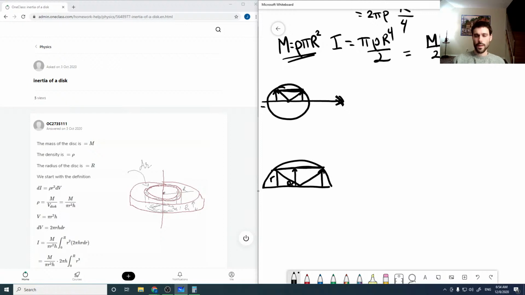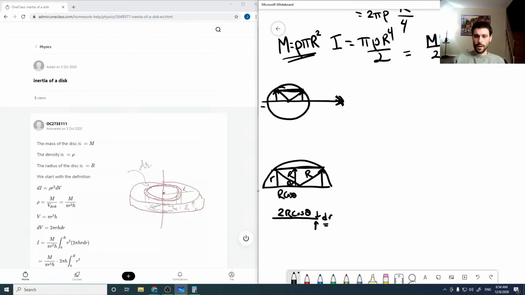If we define some theta, then if we look, these hypotenuses here are radii, and so this here is r cos theta, which means that this line segment that I have here, which would have a thickness of dr, the length of it is going to be 2r cos theta.